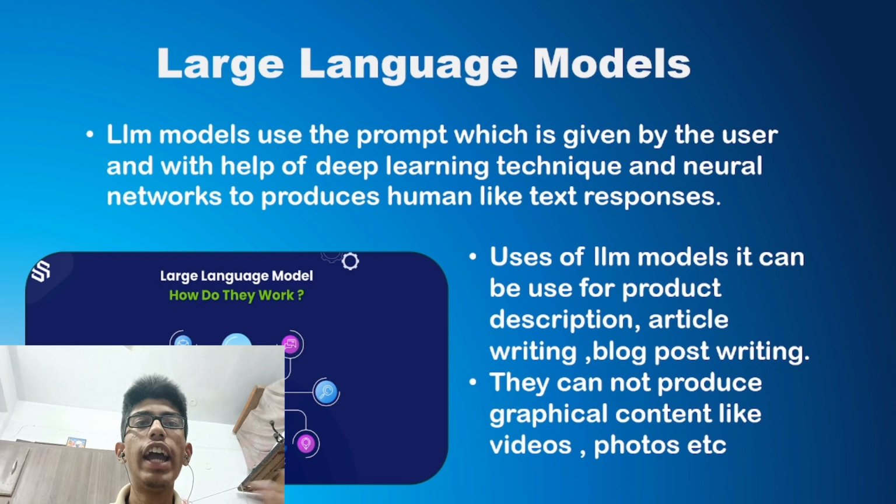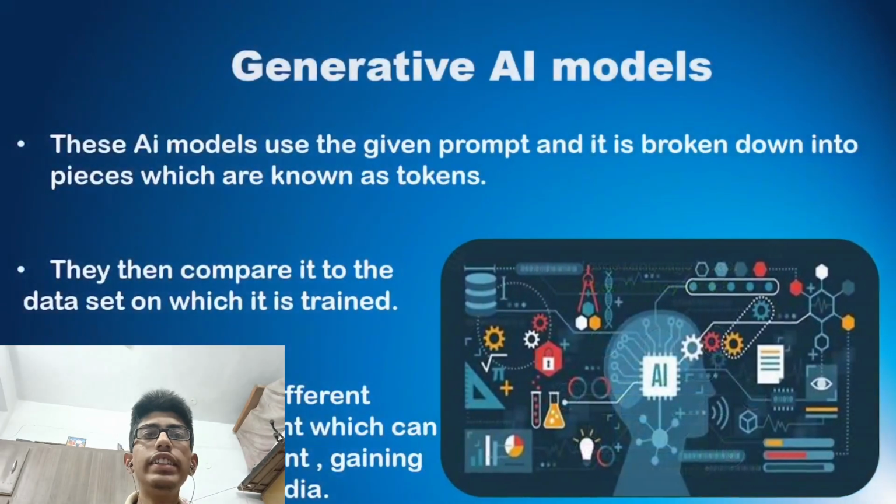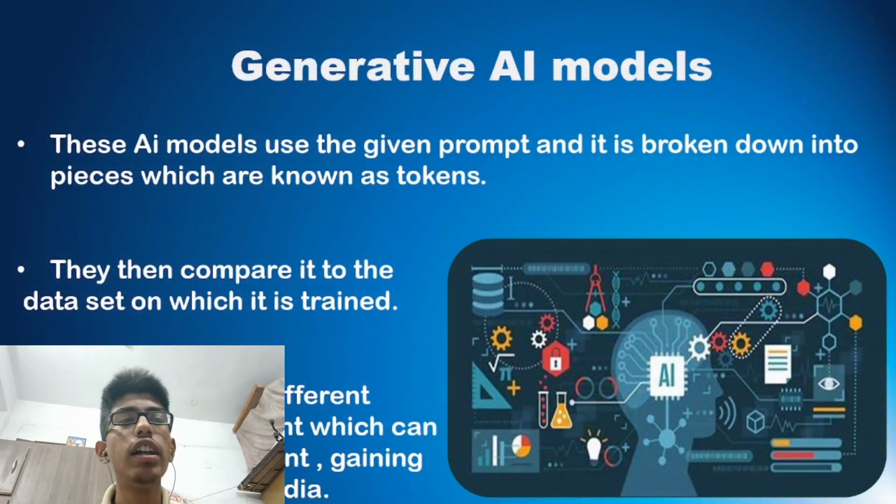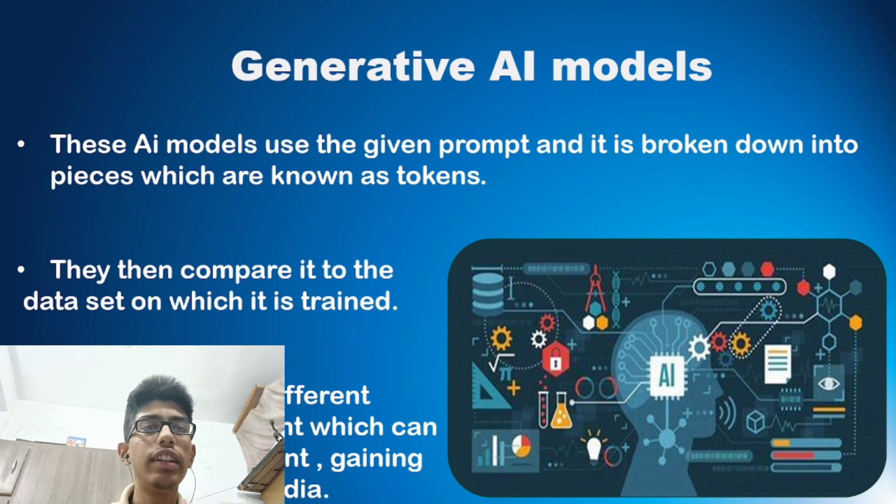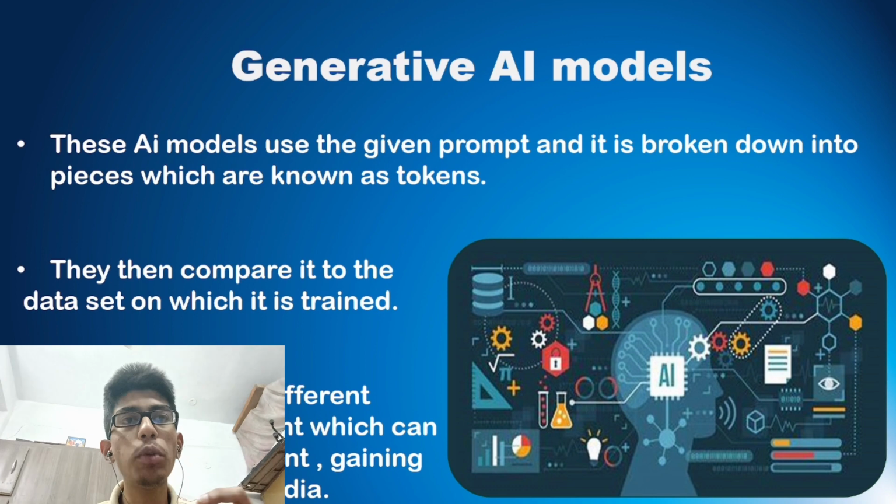Because of it, we have the other type of AI model known as generative AI models. These AI models, again, use the prompt provided by the user, but here things are a little bit different. The prompt provided by the user is broken down into pieces known as tokens.